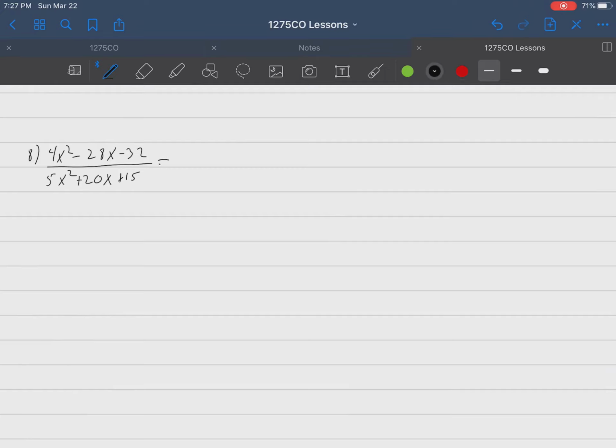So one more. Let's look at this one. 4 is the greatest common factor on the top. x squared minus 7x minus 8 is the result of that factoring. On the denominator, 5 is the GCF. x squared plus 4x plus 3 is the result of that GCF factoring.